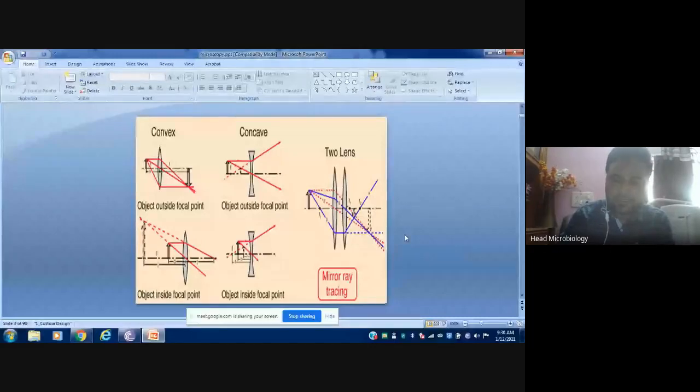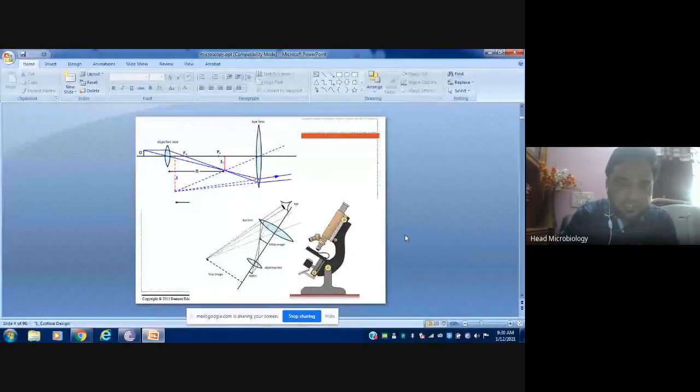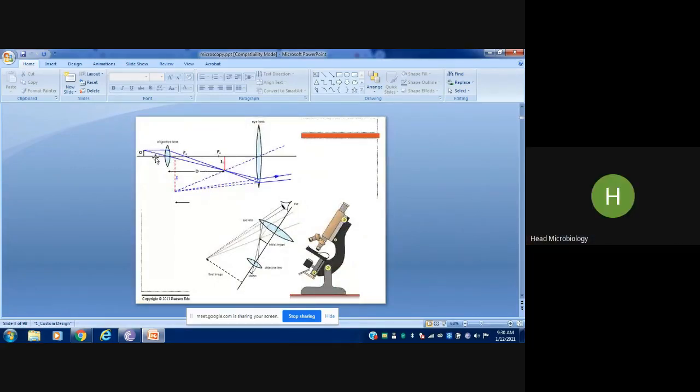First, let me complete this convex part. This is how the microscope works. Initially, this is your objective piece, and this is your eyepiece, the objective lens and the eye lens. The focal length will be somewhere here.